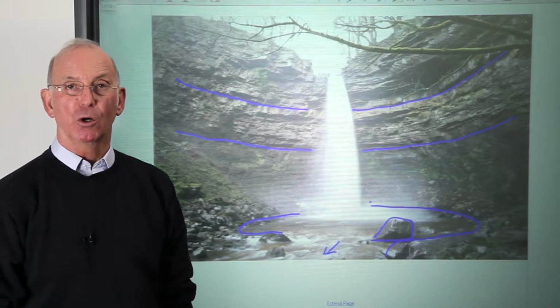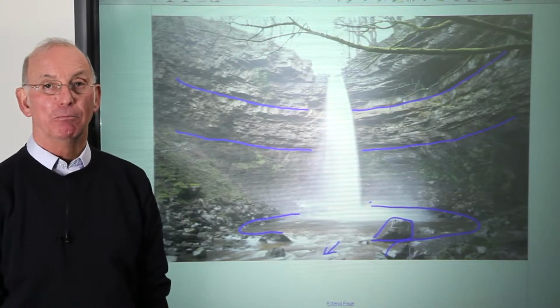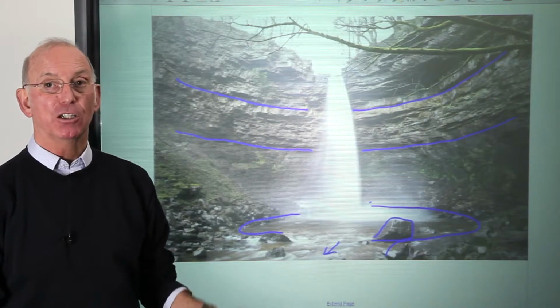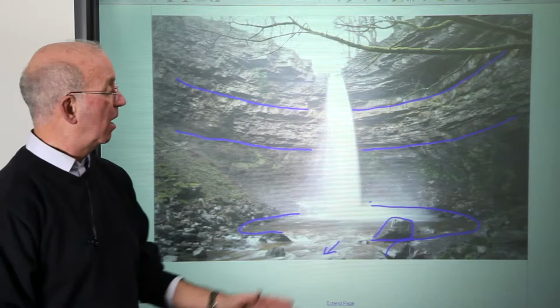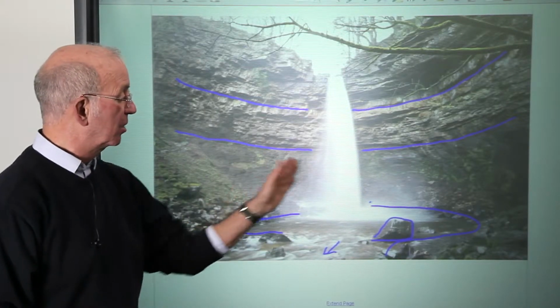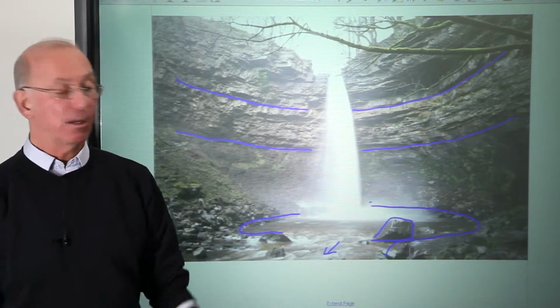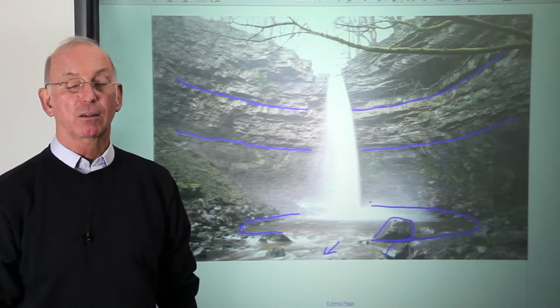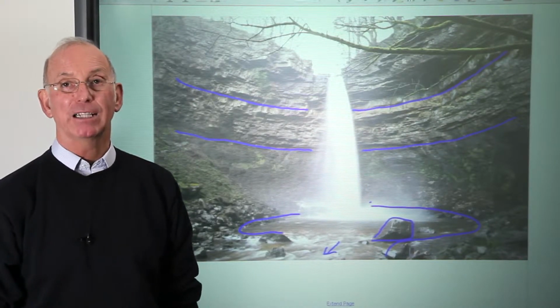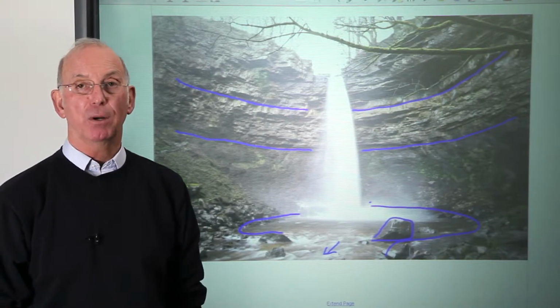The water is also acidic, mildly acidic, but enough to dissolve some of the rocks. There is another way that this is eroded. Sometimes you can actually see the spray going onto the shale. In winter, the water actually freezes, expands, and forces the shale layers apart.